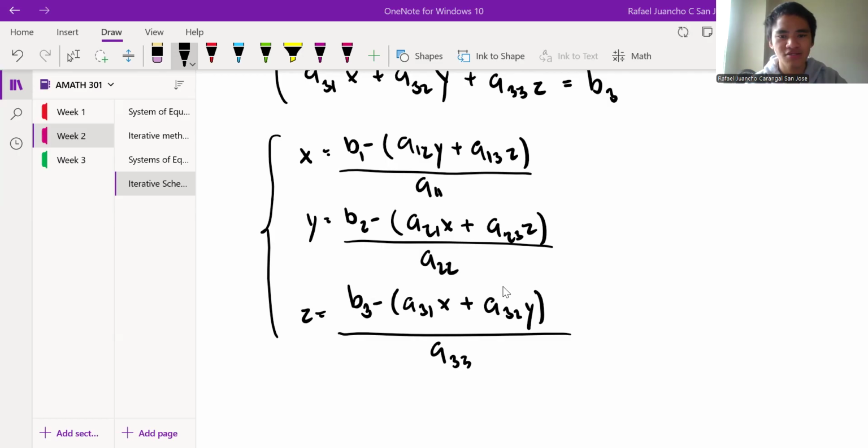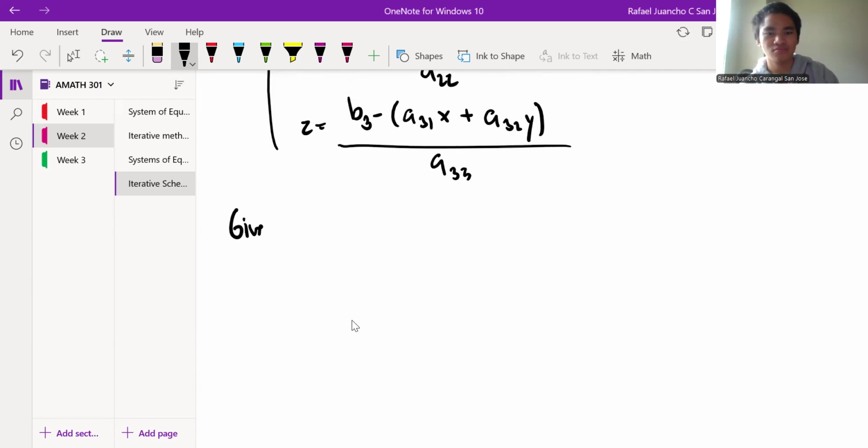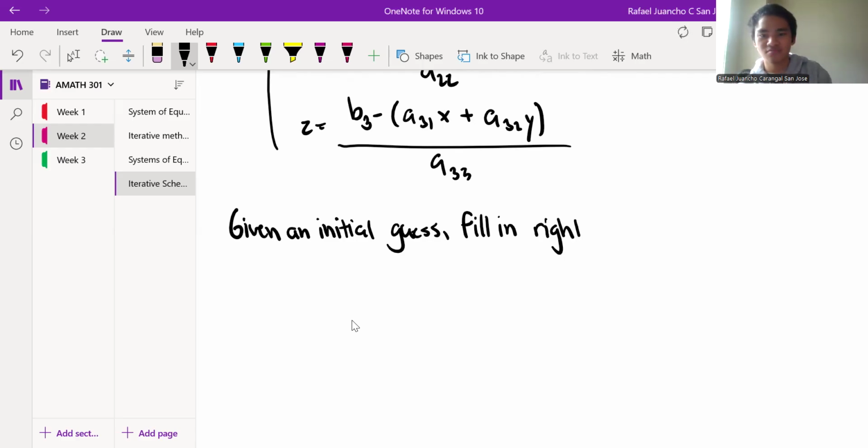let me make an initial guess, right? Given an initial guess, we fill it in the right-hand side and get a new guess.